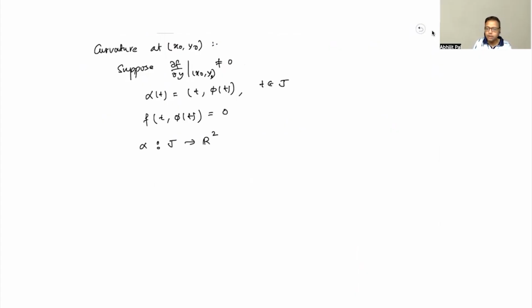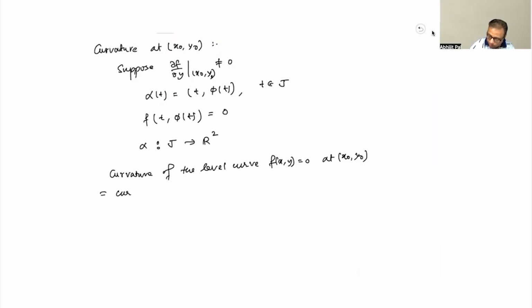Okay. So now you can compute the curvature of alpha. So the curvature of the level curve f(x, y) equals 0 at (x0, y0) is equal to the curvature of alpha at alpha(t0).